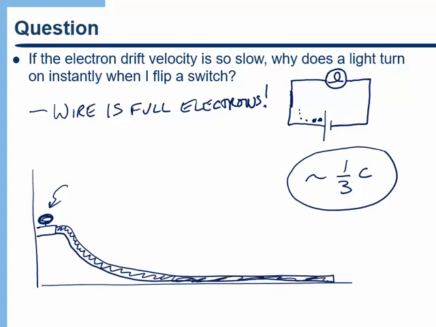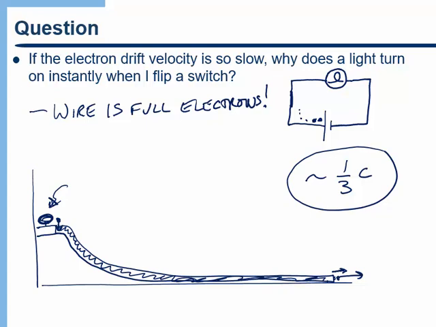And so as soon as I turn the knob on, water starts coming out. Well, why is that? It's because the little water molecule that's right here doesn't have to get all the way down here. It just has to bump the one next to it, which bumps the one next to it, so one comes out. And water is essentially an incompressible fluid, which means that happens very quickly.